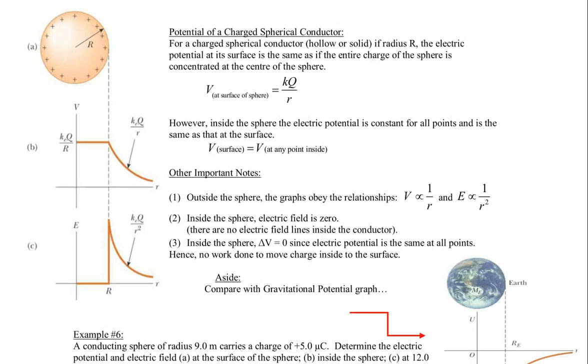Okay, so now I've moved over to this page where we're discussing the electric potential and the electric field of a charged spherical conductor. Whether it is solid or hollow, we're going to get the same situation. What I wanted to review is that inside the conductor, the electric field is 0.